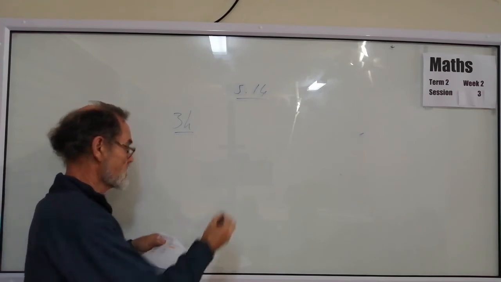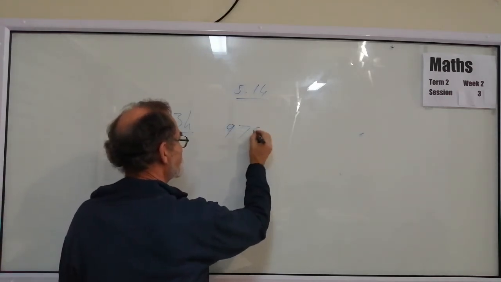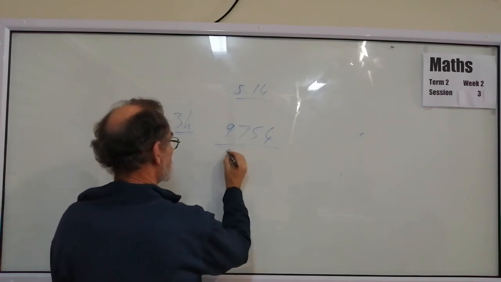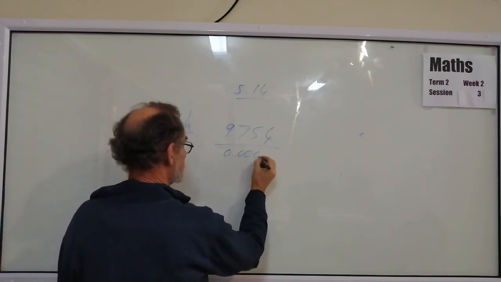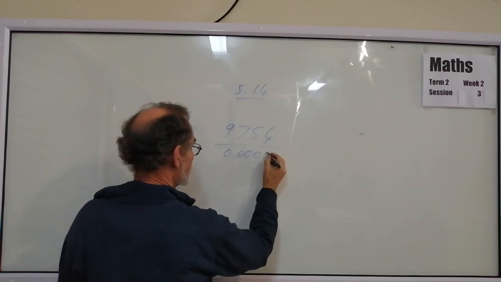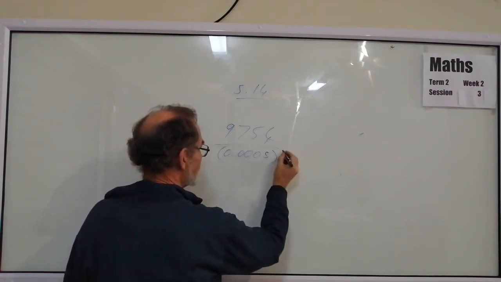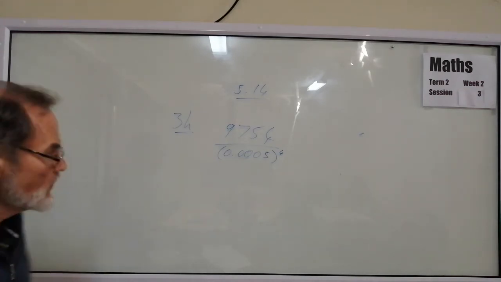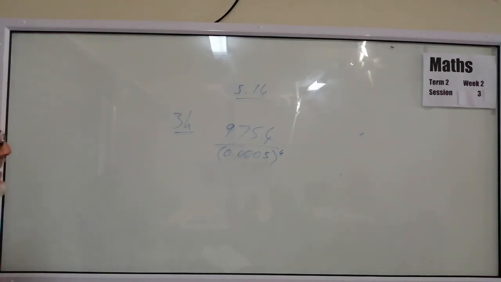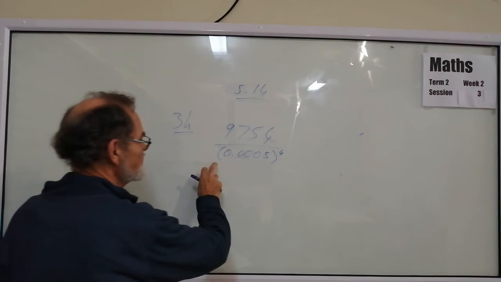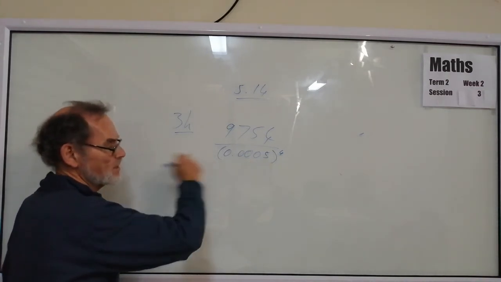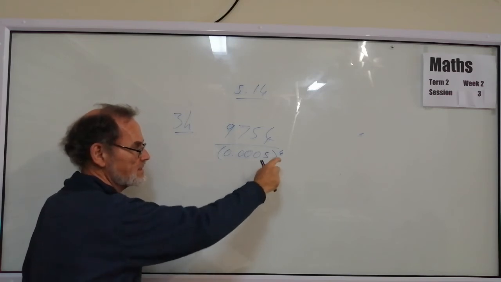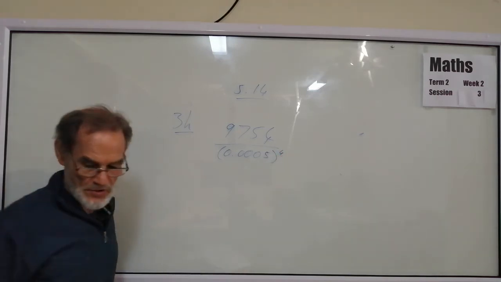So if we've got 9754 divided by 0.0005 to the power of 4. When you see this, I suggest you use the brackets, because your calculator doesn't always know exactly where to put this 4.